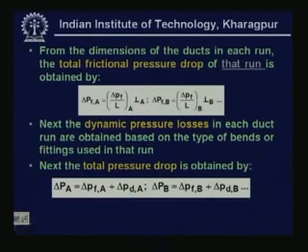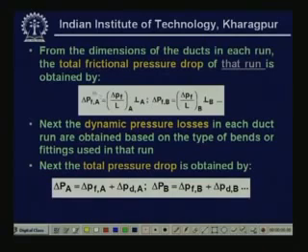Delta Pf A is nothing but the frictional pressure drop per unit length in A multiplied by the length of duct run A, where LA is the total length of duct run A. Similarly, the frictional pressure drop in B is equal to the frictional pressure drop per unit length in B multiplied by the length of B. In this particular method, delta Pf by L of A is equal to delta Pf by L of B, etc. So, we can find out the frictional pressure drop in each duct run.